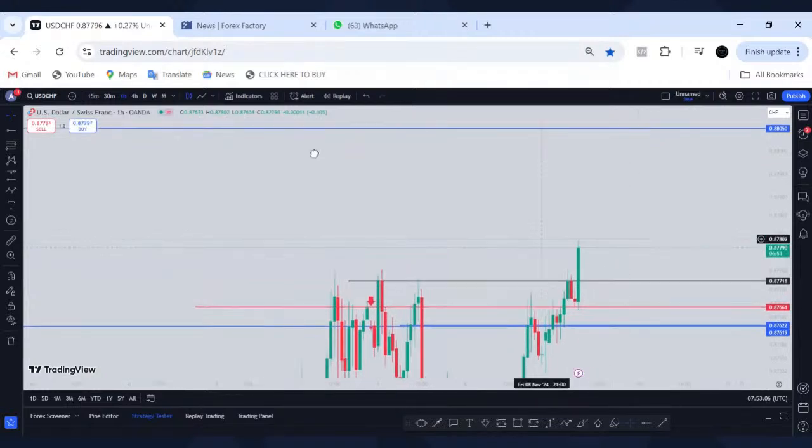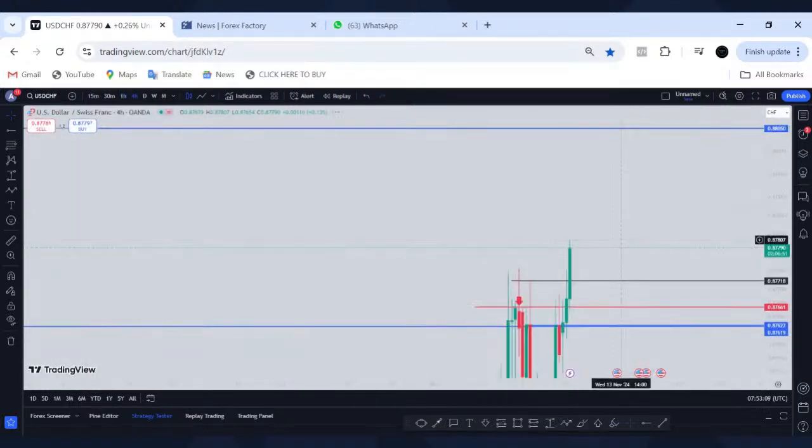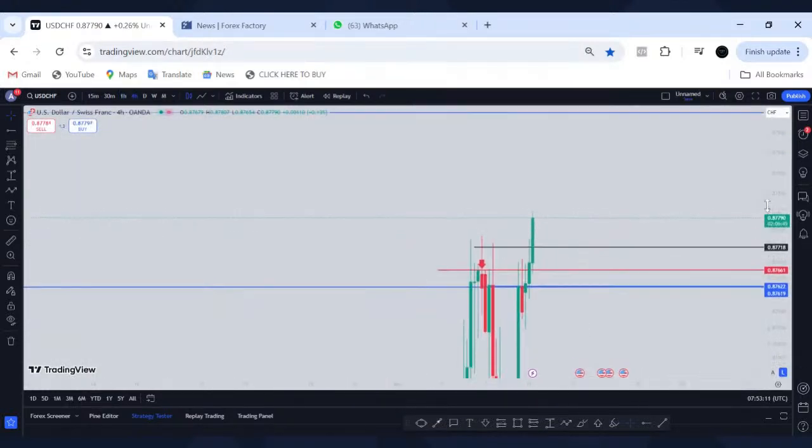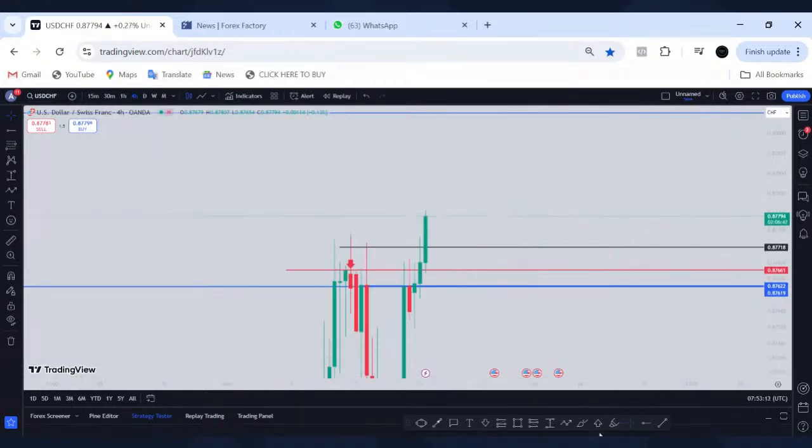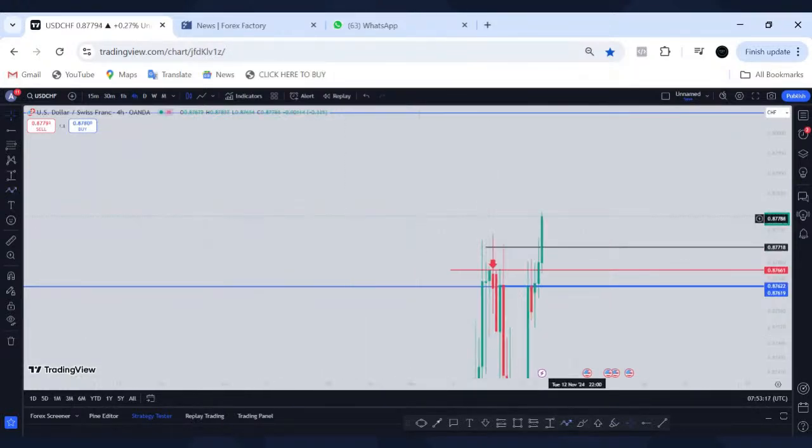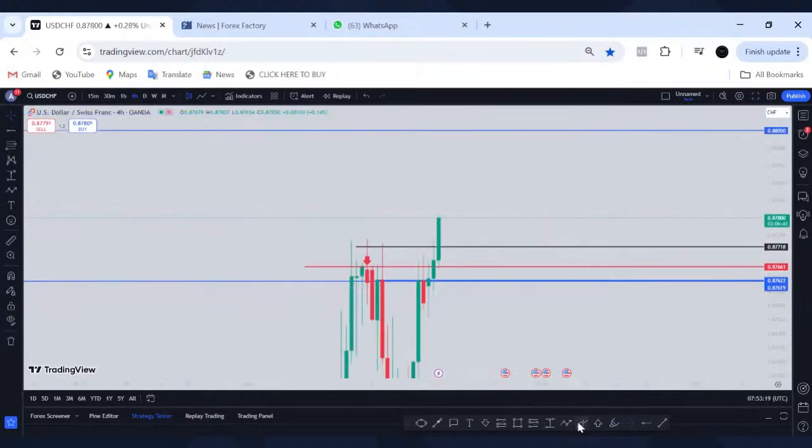So with this one, price has already taken off, price has broken out from the zone. One thing we can do is wait for the retest. Okay, you wait for the retest.